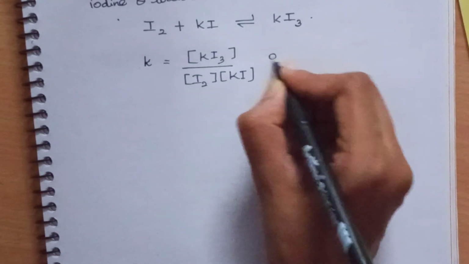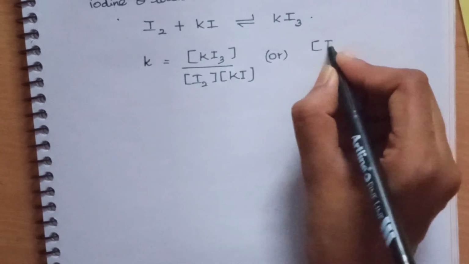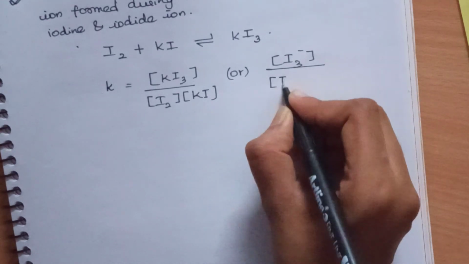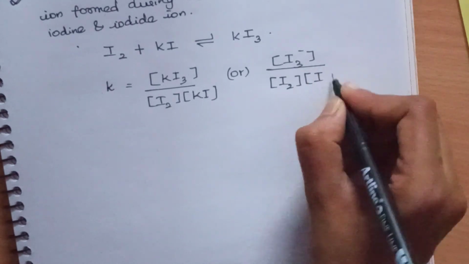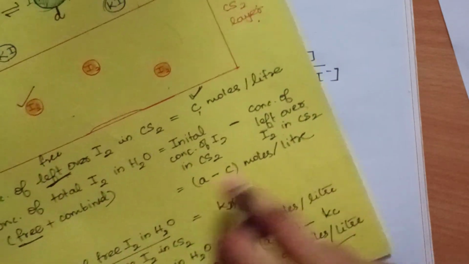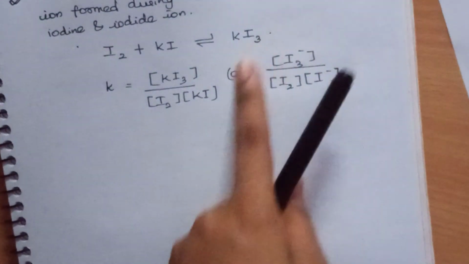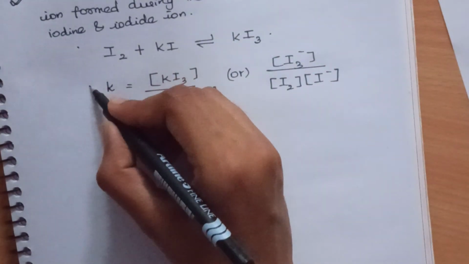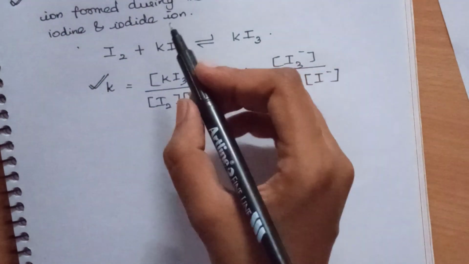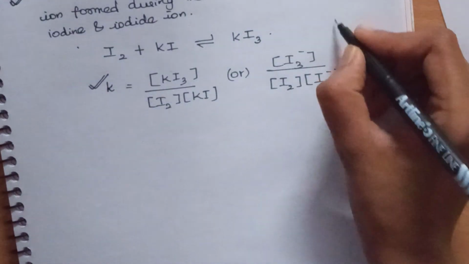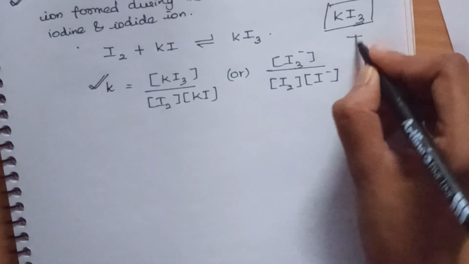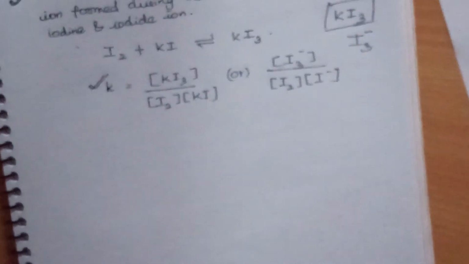You can also write it as the concentration of I3 negative divided by the concentration of iodine into the concentration of iodide ion. We have already derived all these things experimentally, right? If you substitute the values and K is found to be constant, then the formula of the complex ion formed will be KI3, or I3 negative.